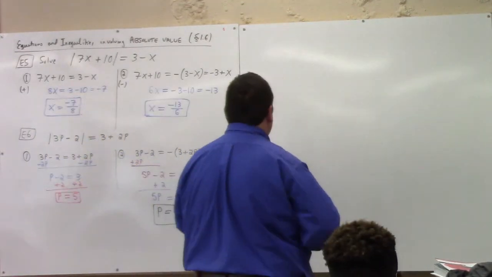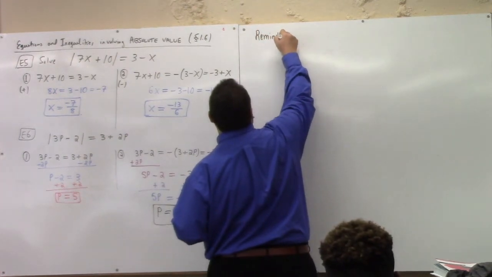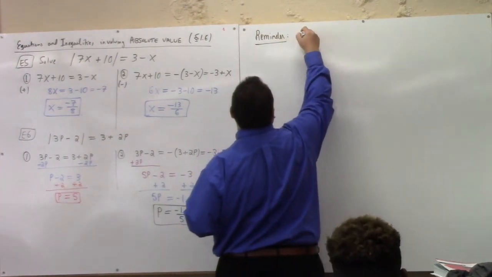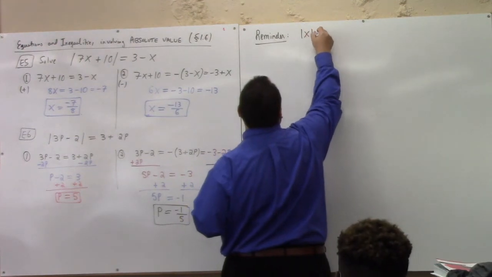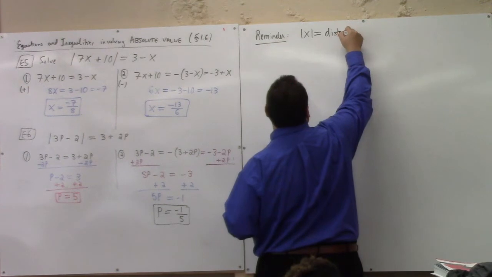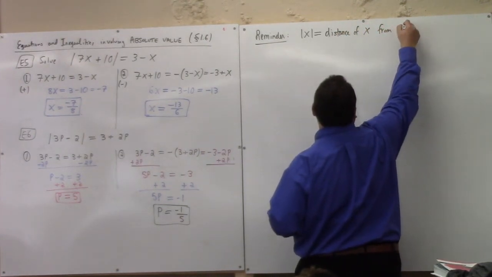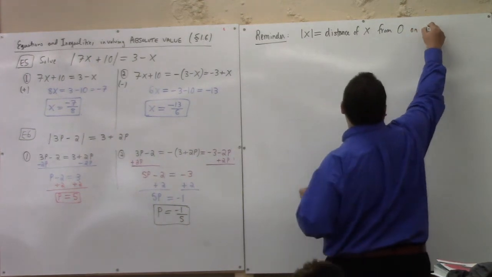Reminder, right? The absolute value of x is equal to the distance of x from 0 on the number line, right?